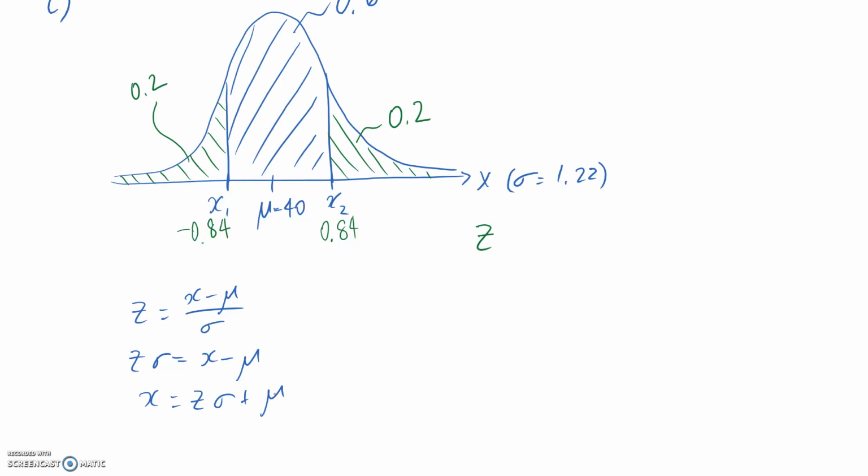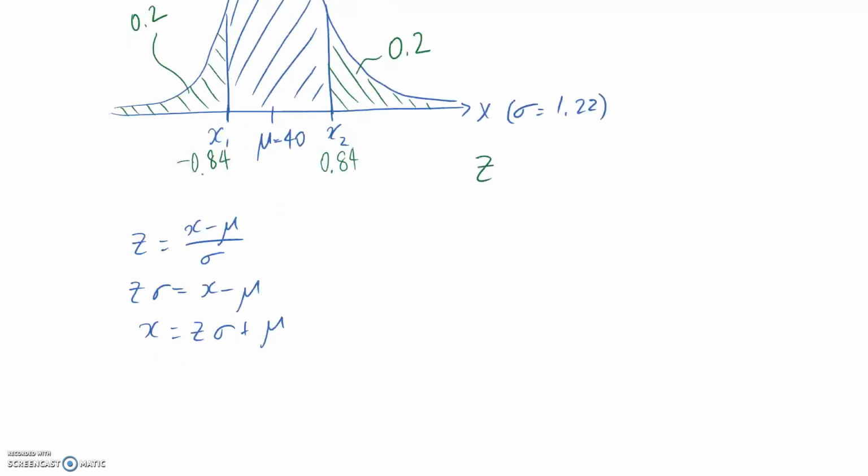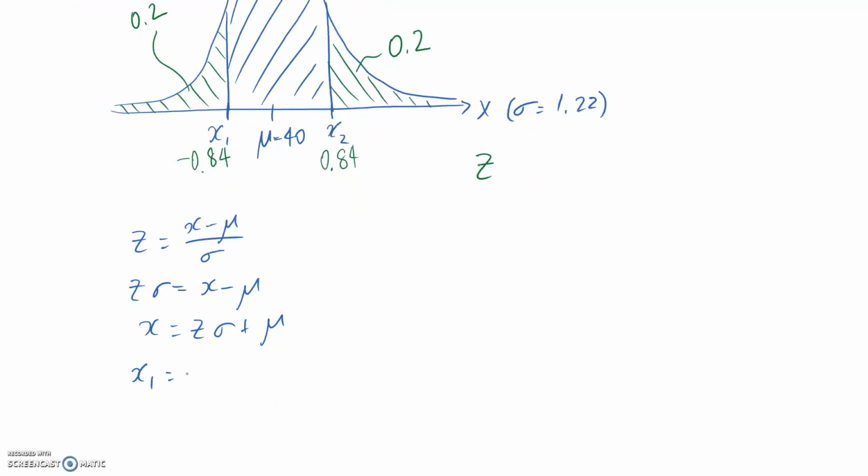So it turns into that, and now we're going to substitute in. So x1 is going to be negative 0.84 times our standard deviation, which was the 1.22, plus the mean of 40. And this one works out to be about 38.98 weeks.